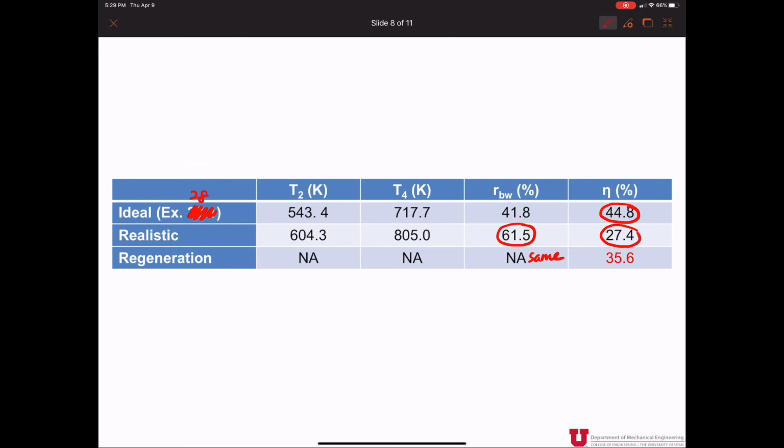And even though I didn't show you the net amount of work, that net work for the realistic case doesn't change even though we have the regenerator. But what happens is the thermal efficiency. And as you see, there's a big boost in the thermal efficiency from 27.4% to 35.6%. So that is exactly why we sometimes need a regenerator, and the sole purpose of having a regenerator is to improve the thermal efficiency.